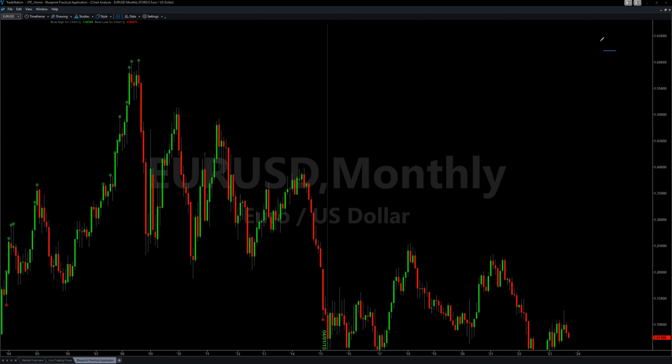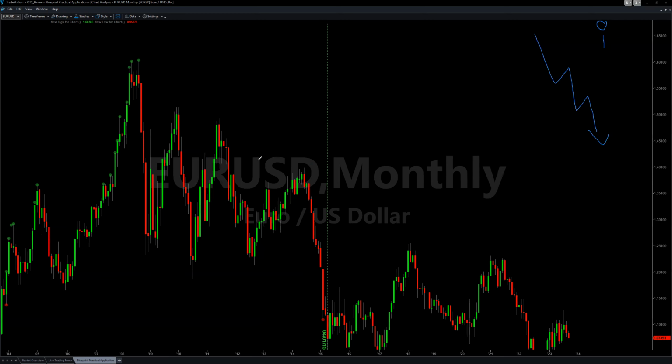We're always counting a downtrend from the right to the left. What is the impulse? What is the correction? If you want to follow the trend, you will always trade the impulse.